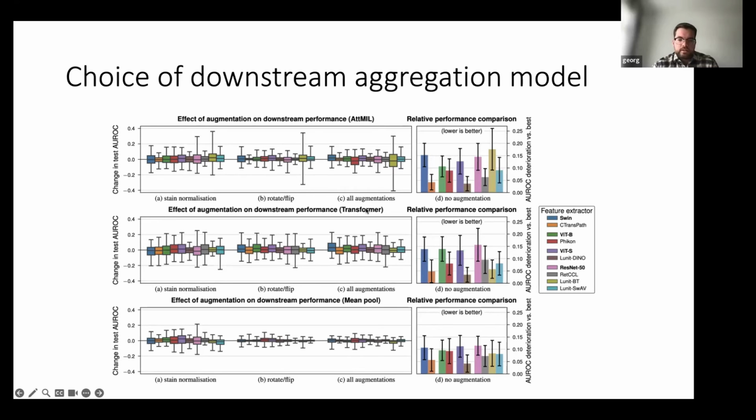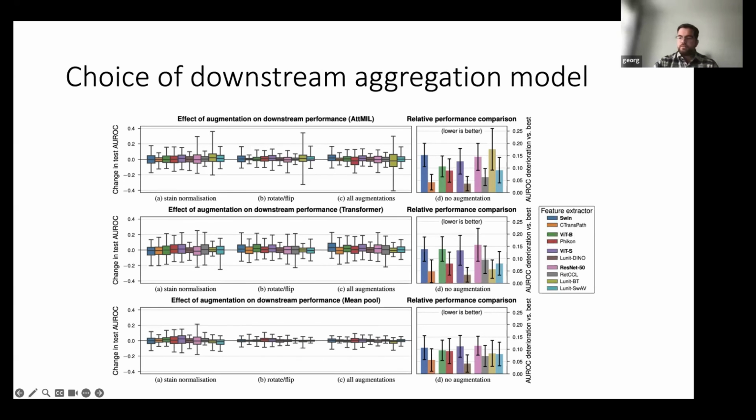But if you also look at the transformer or mean pooling, you get similar results in terms of the relative performance comparison, in that cTransPath and Lunit DINO perform best compared to the other feature extractors, and that there is no observable benefit in performing stain normalization or augmentations. One interesting thing is that when you perform mean pooling, you get a lot less variance in the observations.